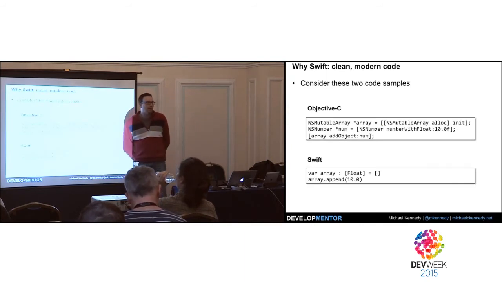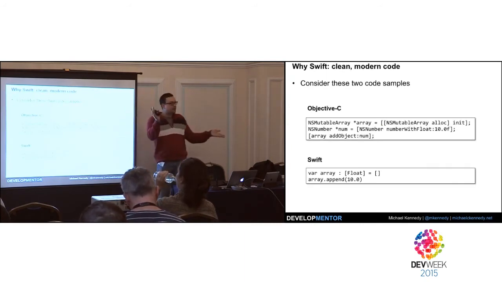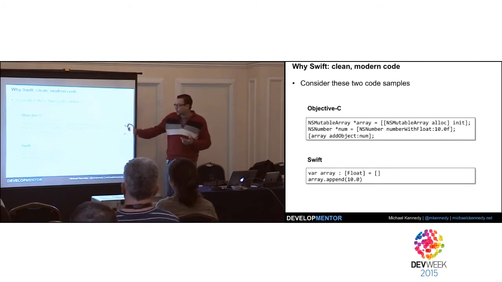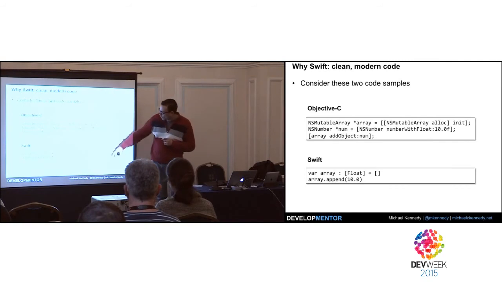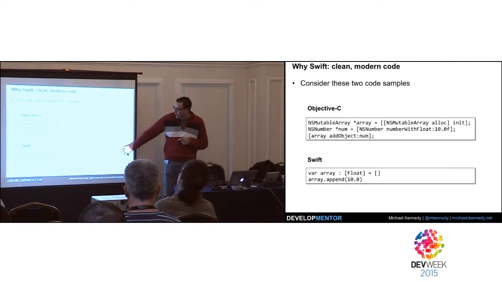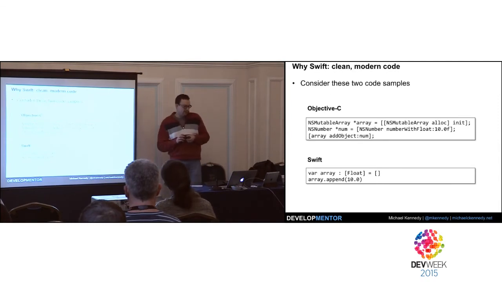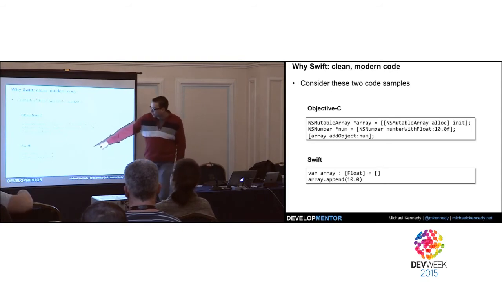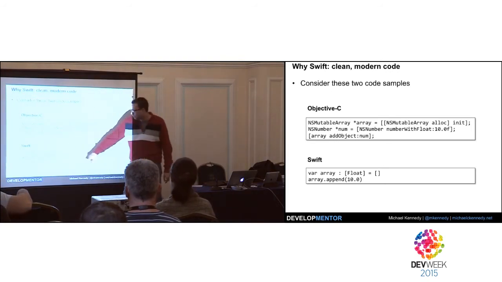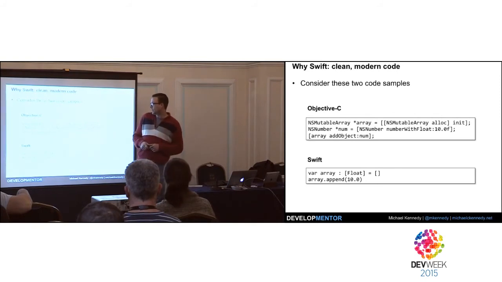So why might that be? Some of you raised your hand, said, I know Objective-C, I've checked it out a little bit. Here are 2 ways to do the same thing. In Objective-C or Swift, here what we're doing is we're creating an array and we're appending an item to it, the number 10. I guess in the top part I have a variable called number. Well, yeah, okay. So we could either just say array equals float bracket, or we could even shorten that a little bit.